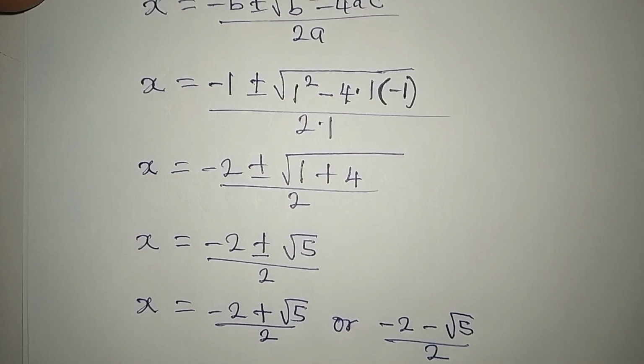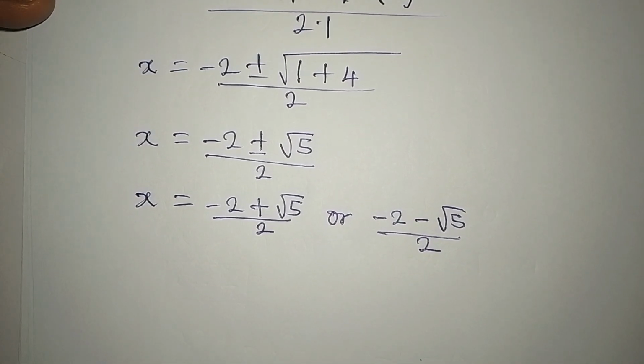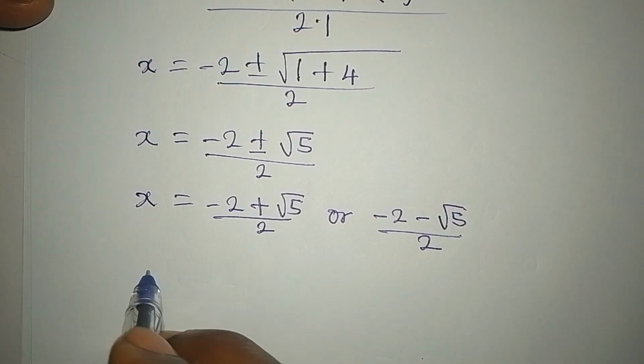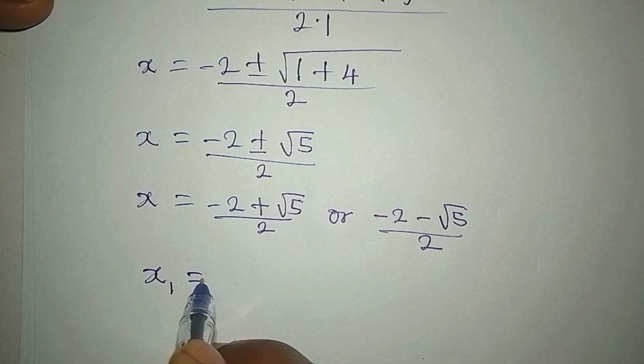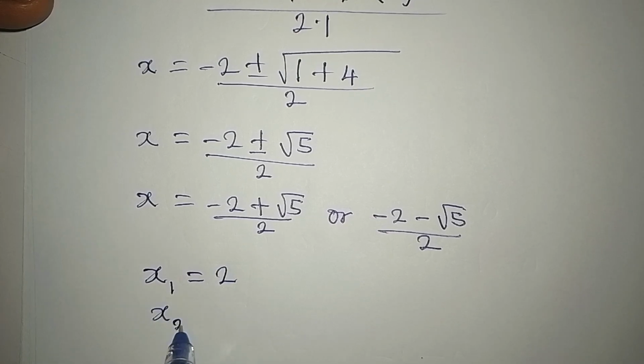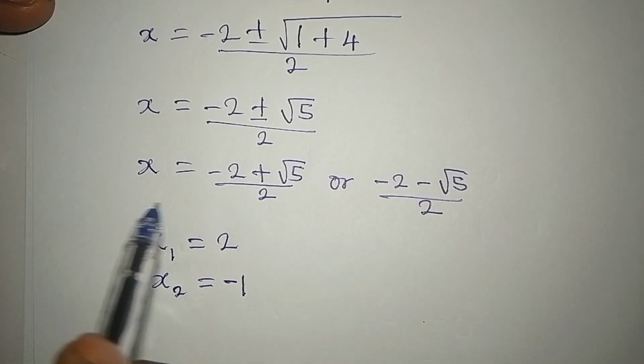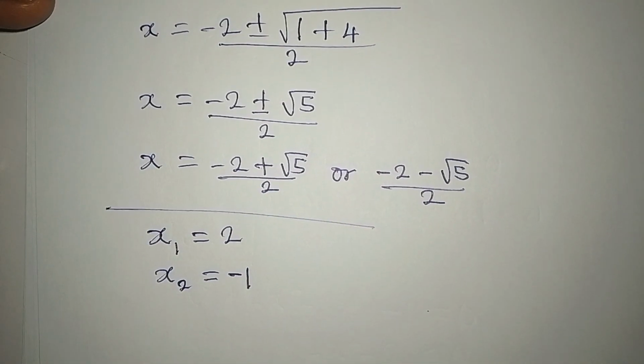Now let's get the 4 solutions to this equation. Okay, so the first, we have our x1 to be equal to 2. Then we have our x2 to be equal to negative 1. And from here we have 2 more solutions.